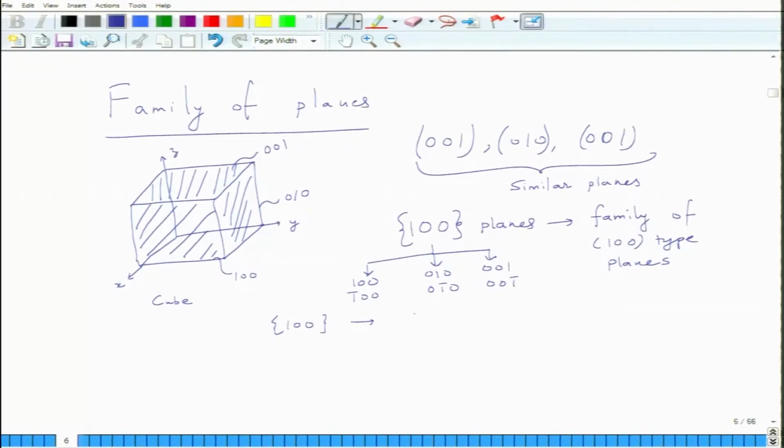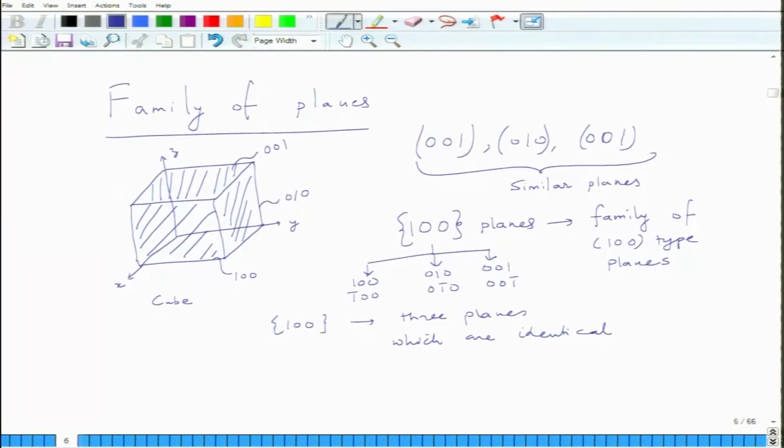So, depending on how you look at it, there are 3 different planes which are identical. I mean it is sort of an oxymoron in some sense. I can just say 3 planes which are identical.